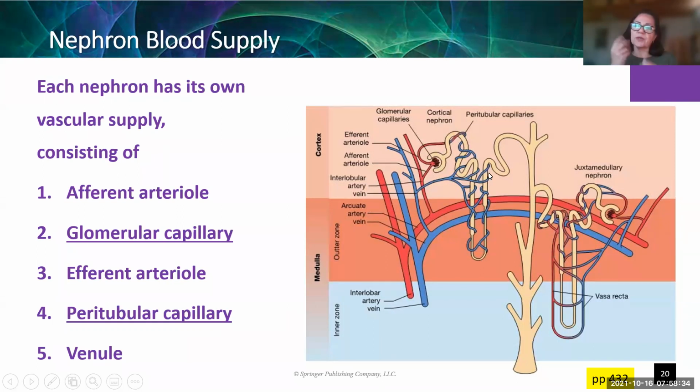And that's where that reabsorption and secretion, that fine-tuning stuff, is happening. And then it gets recollected in a venule, and it goes out from there and heads back towards the heart.